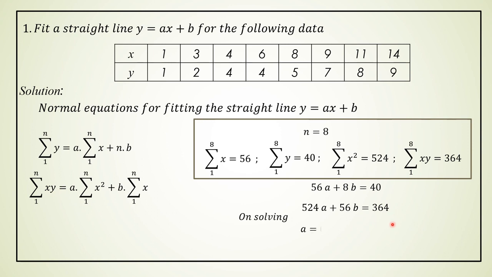By solving these two equations, you are going to get the value of a is equal to 0.64 and b is equal to 0.55. Therefore, the best fit for the given set of observations over here is y is equal to 0.64x plus 0.55.